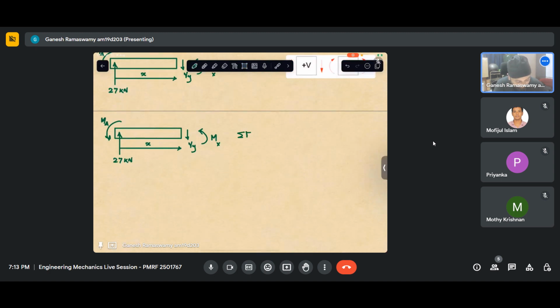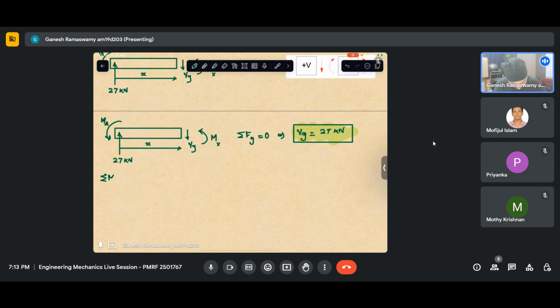Sigma Fy equals 0 gives me Vy is 27 kilonewton. Now let me take moment about some point, any point.